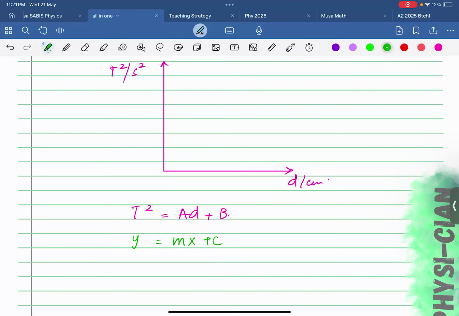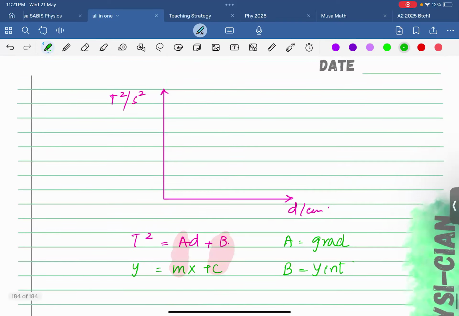So the remaining things are equivalent to the gradient and the y-intercept. Your a is going to be your gradient, and your b is going to be your y-intercept. Now let's talk about the units. For the gradient, you know that you do delta y over delta x.